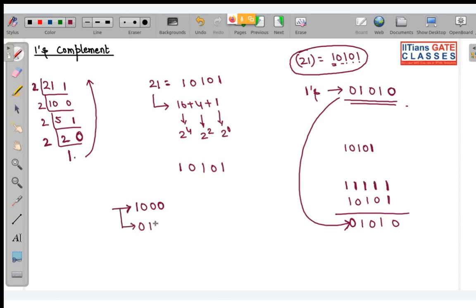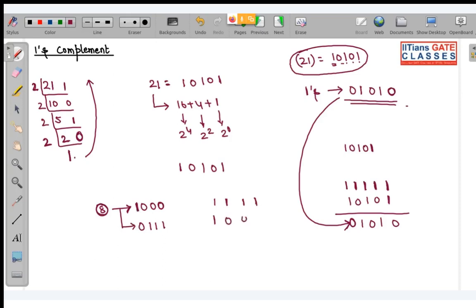Now if someone asks the reason that we complement bit by bit, you should be able to say that using 4 bits, the highest number is this number. So this is not 16, I am very sorry. This is 8, and this is 15. So I have calculated the ones complement of 8.